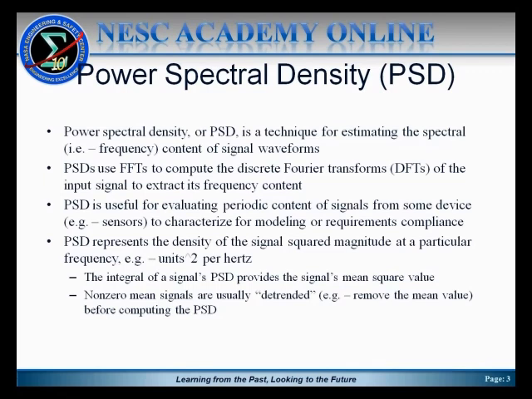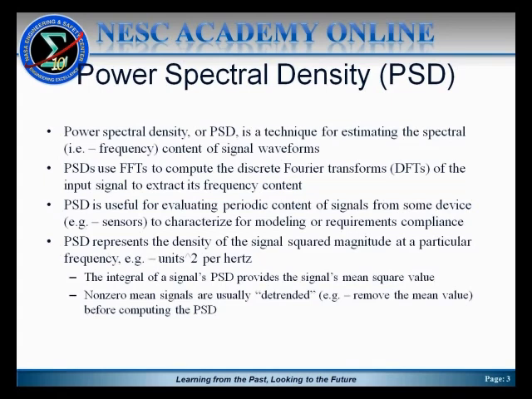The PSD is a useful tool for evaluating the periodic content of signals from some device, a piece of hardware, for instance sensors, that you could use to characterize the output of that sensor for modeling purposes in perhaps a simulation, or for requirements compliance, such as if you have a specification that it has to meet, you can actually take laboratory data that was collected for the device, compute a PSD of it, and evaluate where it has various signal characteristics frequency-wise.